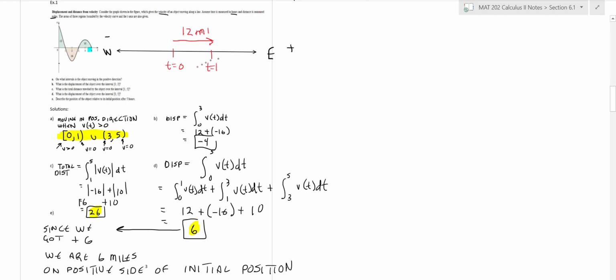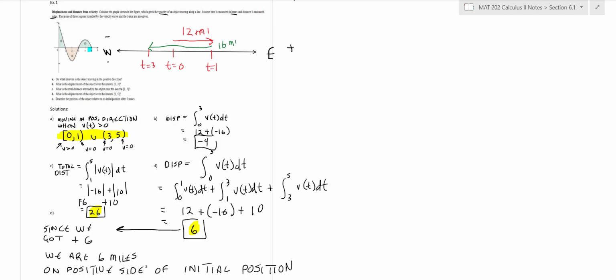Okay, 3 seconds, you're going to be going the opposite direction. So this is a negative 16. So you're going to go like that. Okay, so right now that green is 16 miles to the west. So right now you have a negative displacement when you do that. Okay, and then that time over here is going to be, time is 3 seconds.